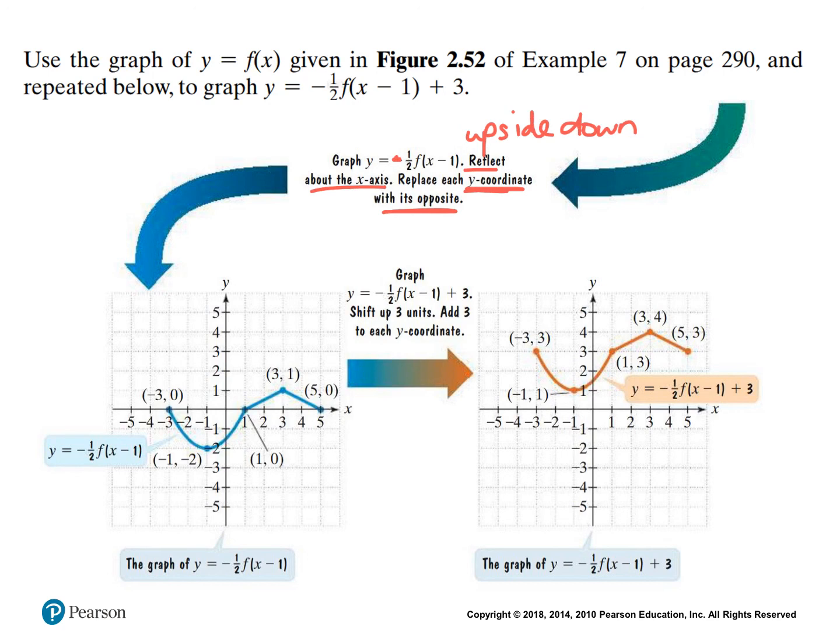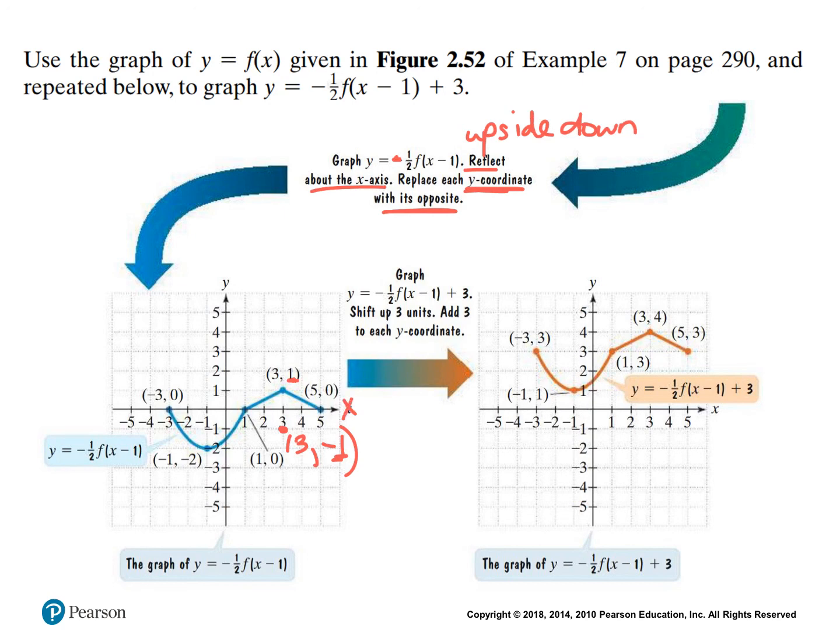So this 3, 1 was down here at 3, -1. Sorry, I'm getting my negatives in the wrong spot. So I looked at my y and I made it into its opposite and flipped it over the x-axis.